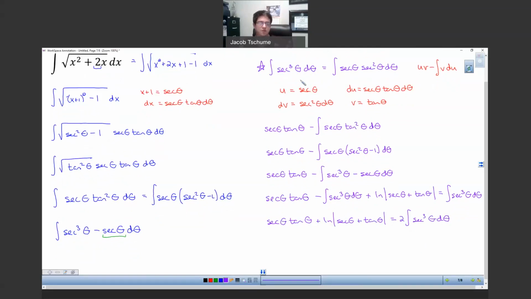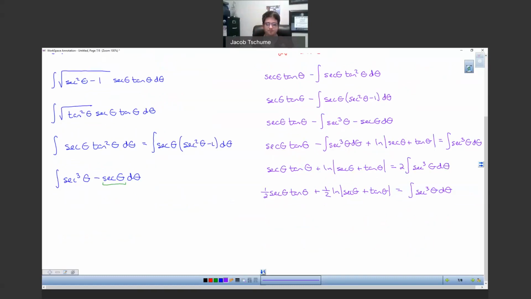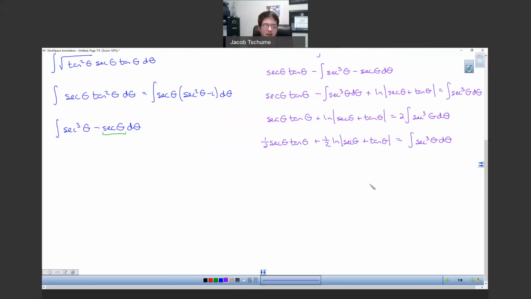And then to solve for the original integral of secant cubed, I can now divide everything by 2, and I can say that 1/2 secant theta tangent theta plus 1/2 the natural log of secant theta plus tangent theta is equal to the integral of secant cubed theta d theta. But you're not done. That was only one part of the original integral that we have to solve here.